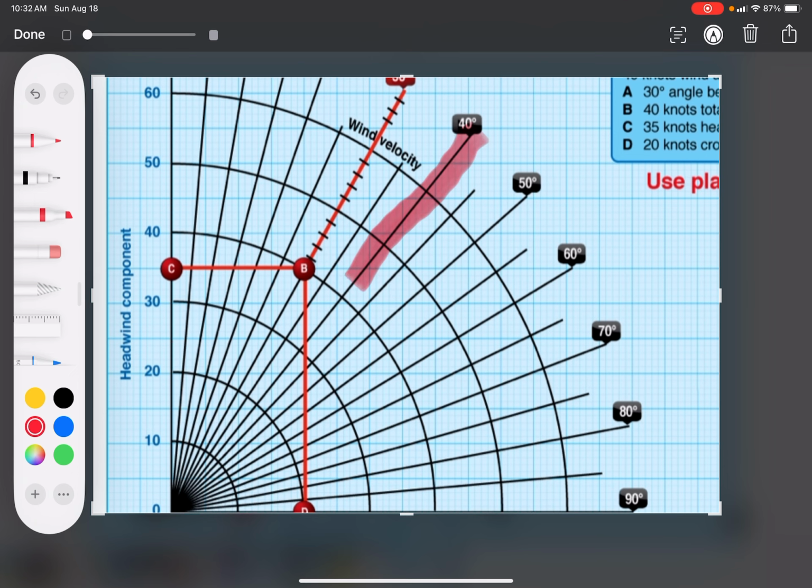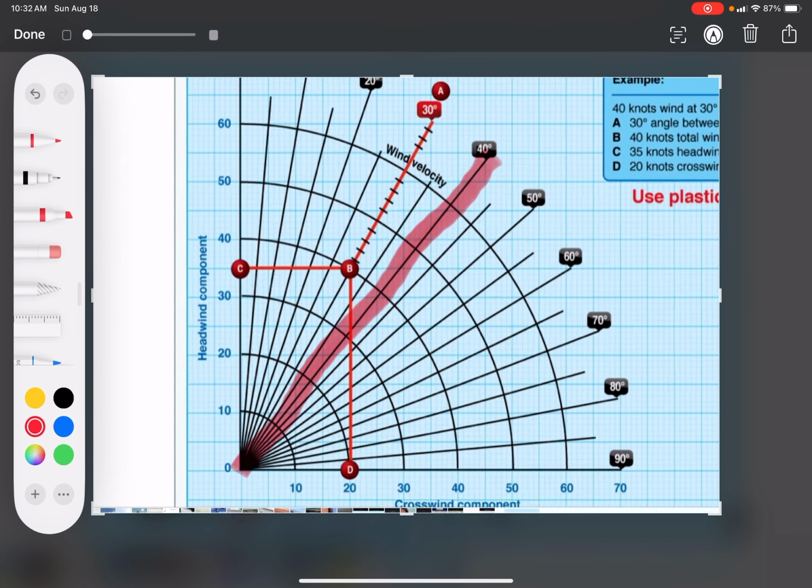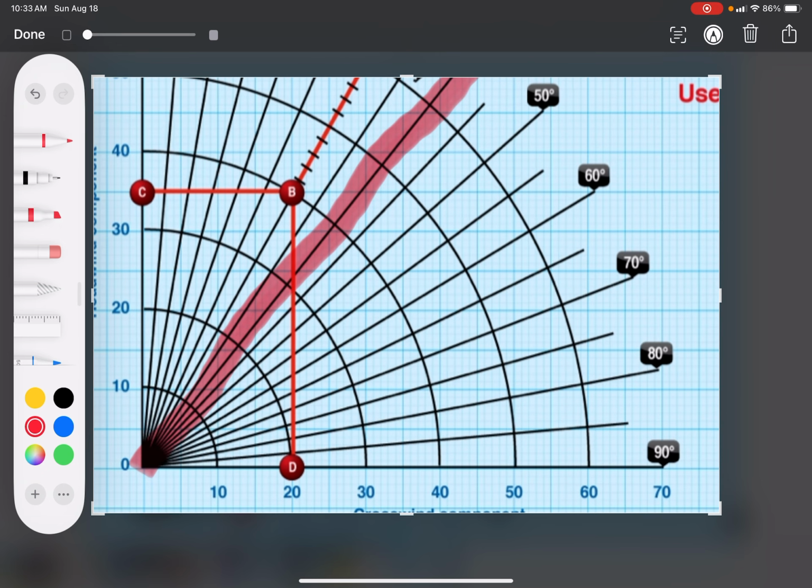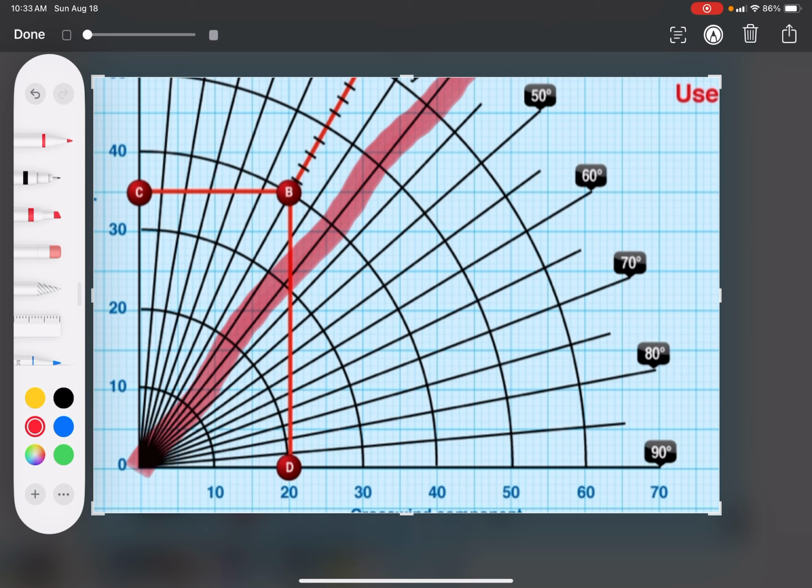Don't worry about it, or pencil it out, whatever, if you're using the clear plastic cover, or if it's your own book for practicing, use a pencil, use a straight edge, whatever. 40 degrees. Now, 30 knots. So remember, we're going to find 30 knots, which is the hard line. Here we go. They're keeping it simple for you. So right there.